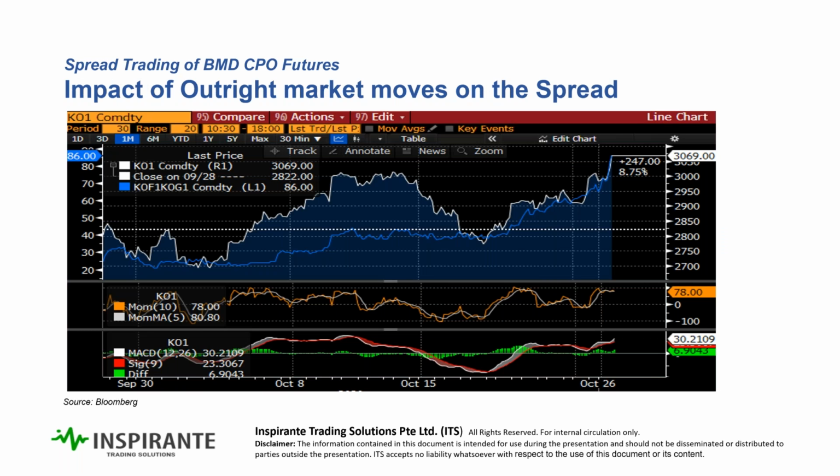Now, I mentioned outright market move. The reason I was touching on fundamentals, even though I'm just talking about spread trading, would seem weird to some of you. Okay, but my personal experience in trading CPO for the last couple of years is that the outright will actually have a strong bearing on the spread as well. Now, this is especially important because consider our mean reversion strategy.